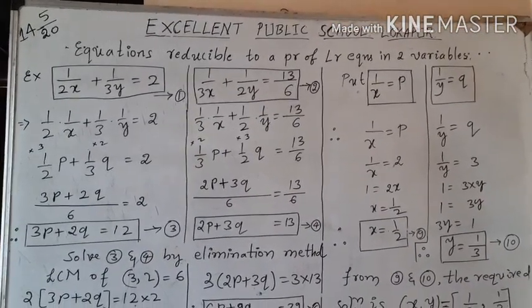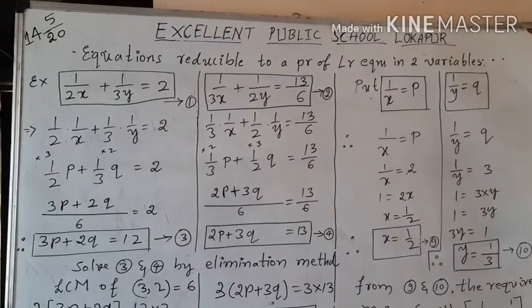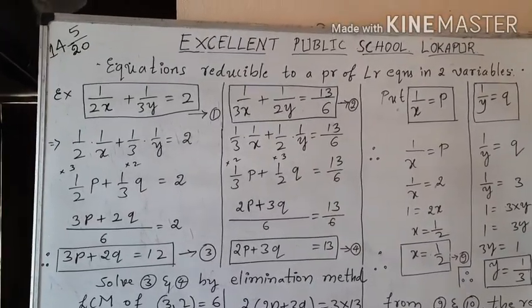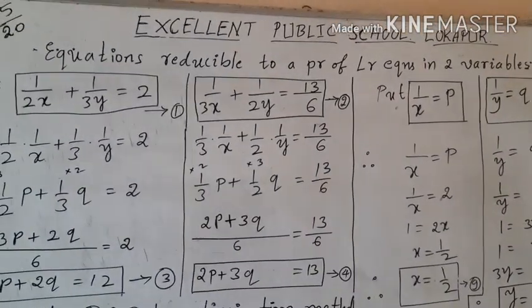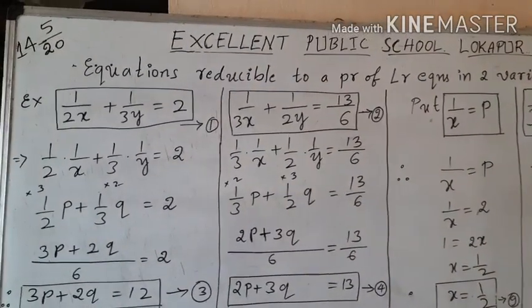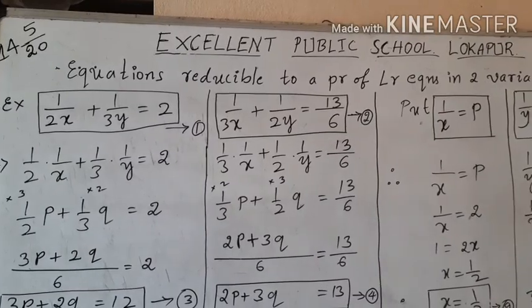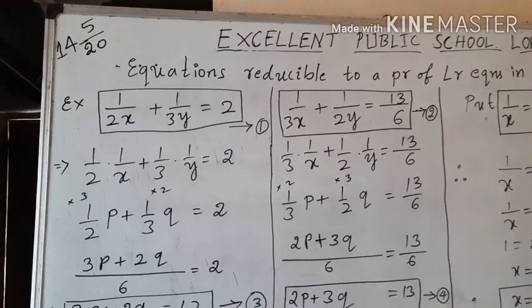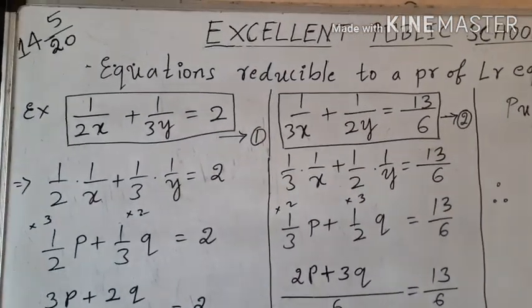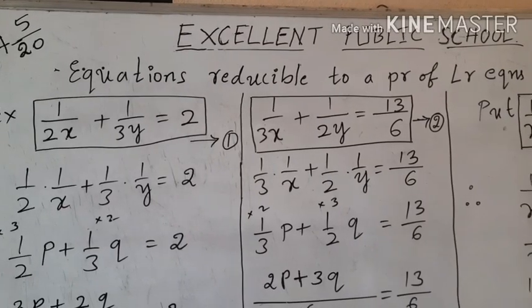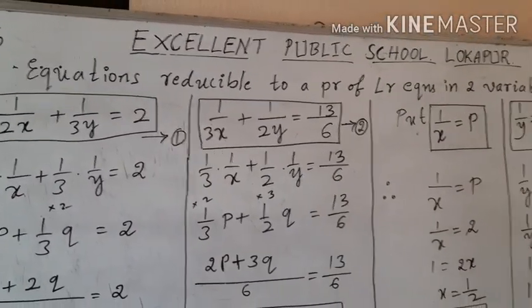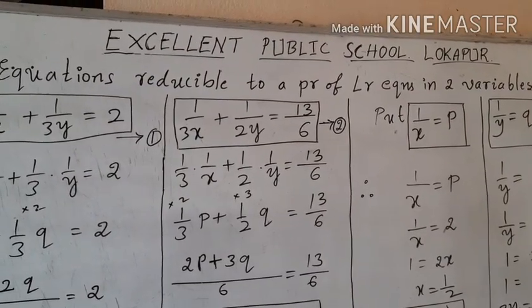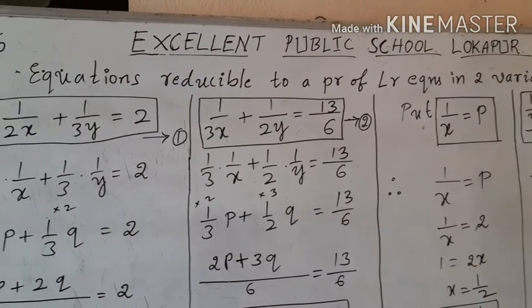See here, today we have a pair of equations to solve for x and y. The given equations are 1 by 2x plus 1 by 3y is equal to 2 is one equation, and 1 by 3x plus 1 by 2y is equal to 13 by 6 is another equation.